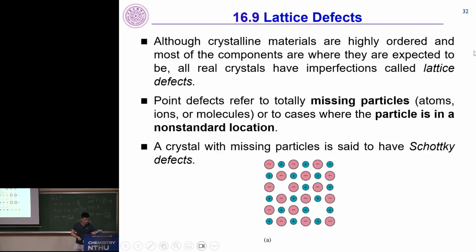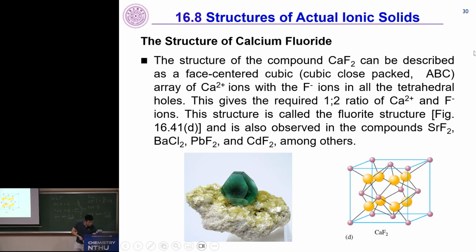Hence, we have a special name for it. Okay. Oh, sorry, it's called fluorite structure. That is basically compounds of fluoride, MF2, mostly fluorite structures.